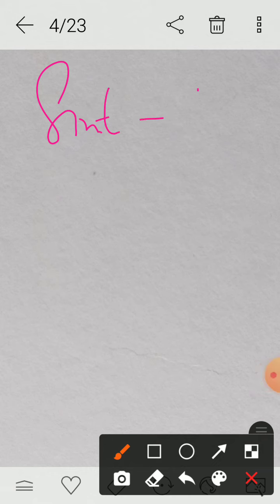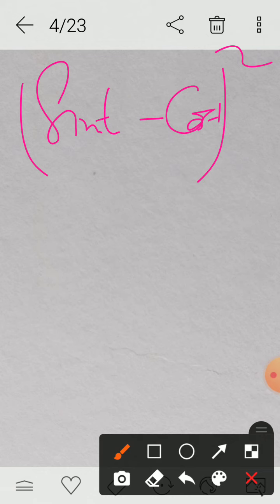Similarly, (sin t minus cos t) whole square, you can solve it by using the same property.